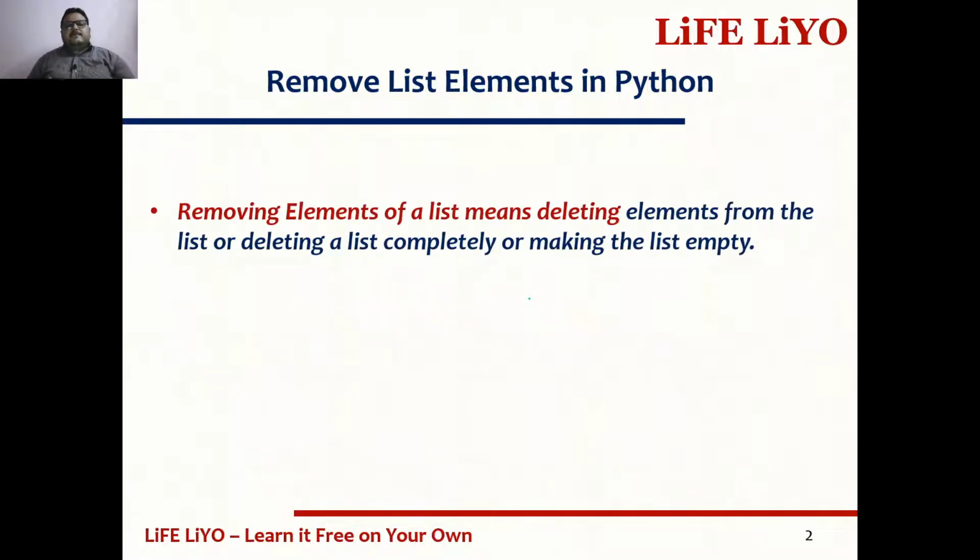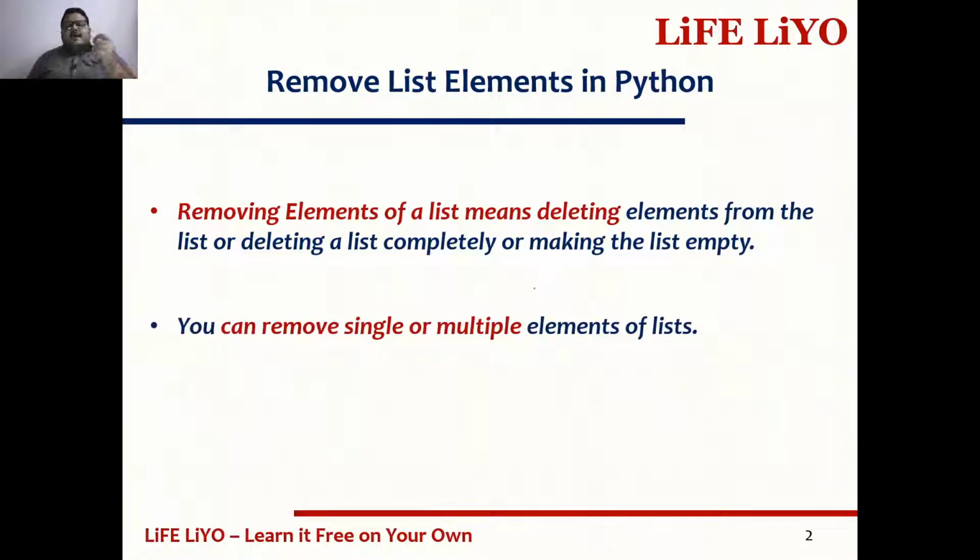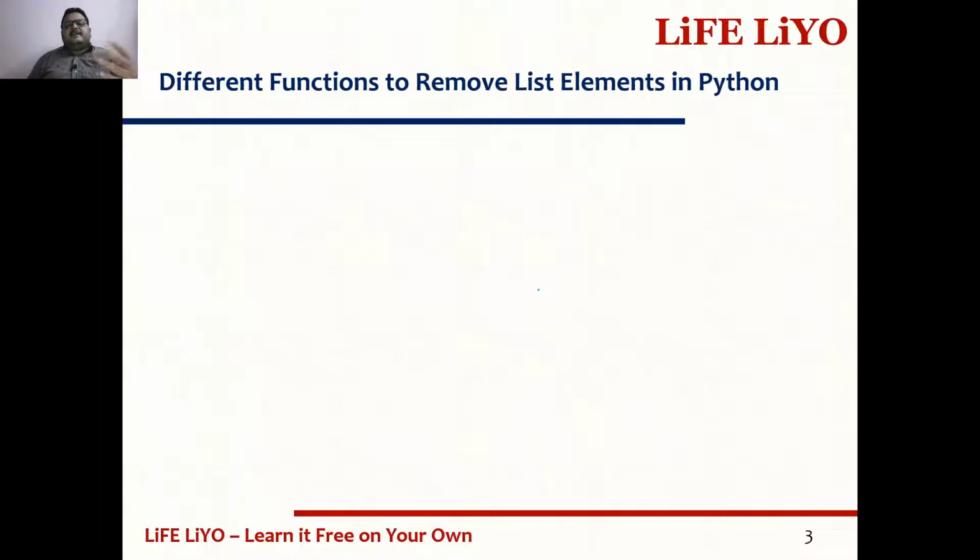Removing list elements means deleting elements from the list, or deleting a list completely, or making a list empty. You can remove a single element or multiple elements from the list, or we can remove a list also. What are the different predefined functions to remove list elements in Python?